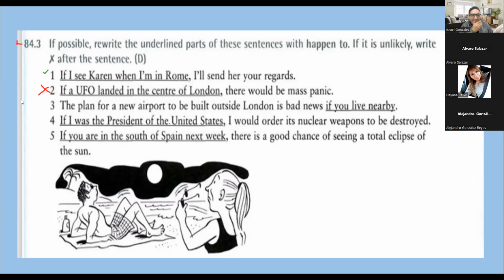Okay. Then Alvaro, can you read number 3, please? Yes. The plan for a new airport to be built outside London is bad news if you live nearby. Maybe this is a person who is on the radio.